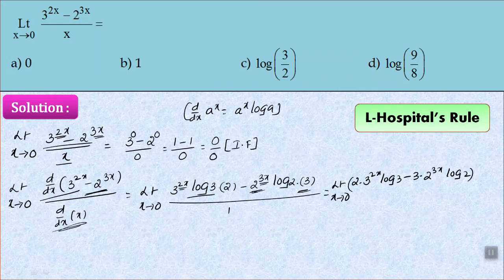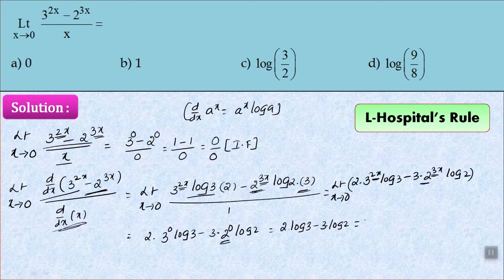Now applying the limit, this equals 2 into 3^(2·0), that is 3^0 is 1, into log 3, minus 3 into 2^(3·0), that is 2^0 is 1, into log 2.